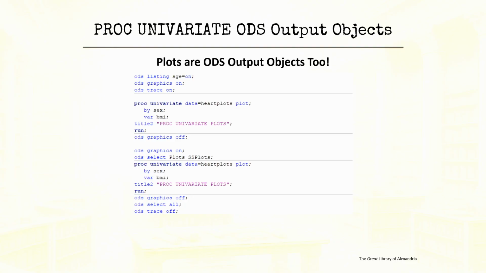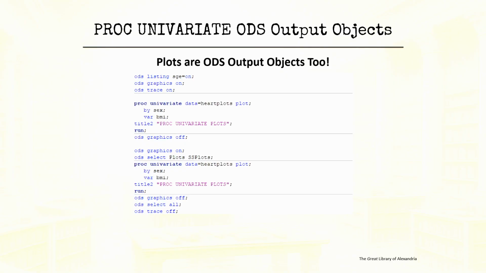so we go through ODS graphics, turn the graphics on, and then the second set restricts the output, and then we need to turn everything off again.